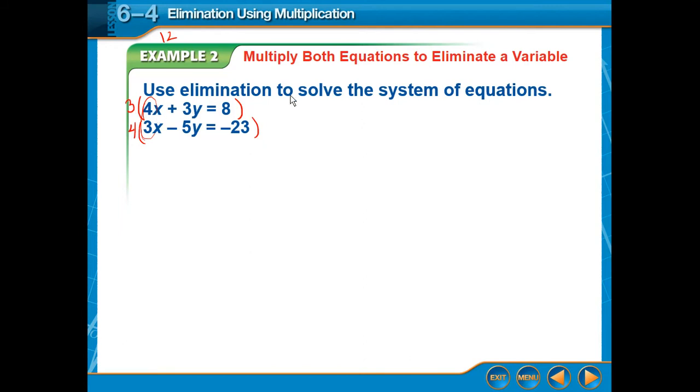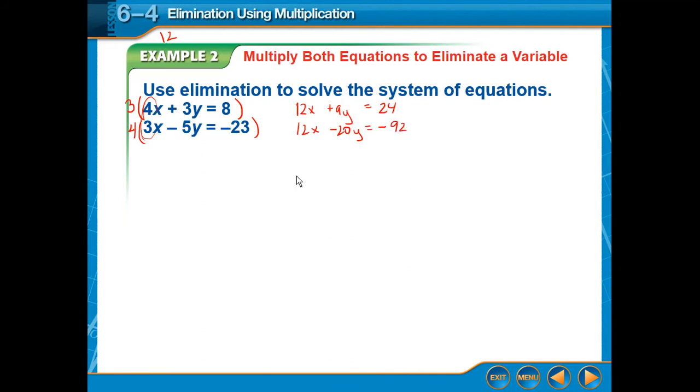So to keep the equations balanced, you have to go all the way through. Multiplying the first equation by 3, I get 12x plus 9y equals 24. And multiplying everything in the second equation by 4, you get 12x minus 20y equals negative 92.